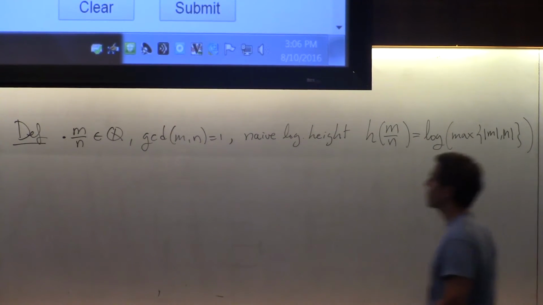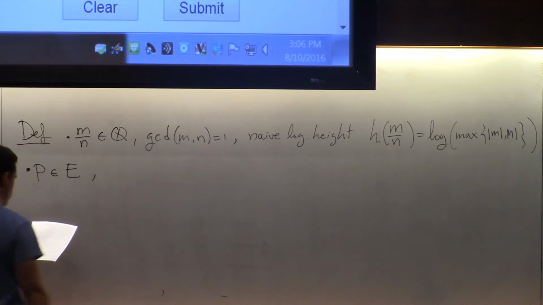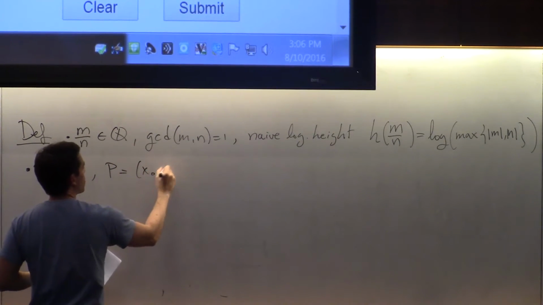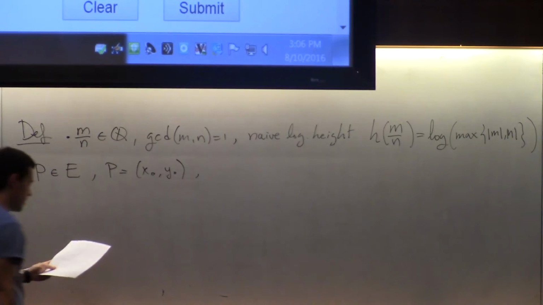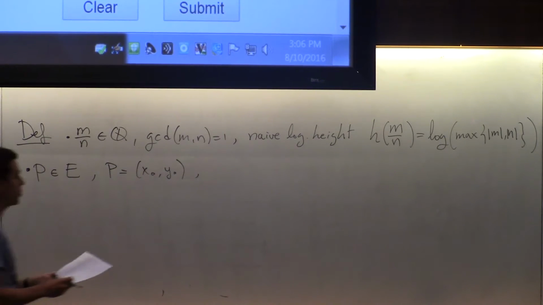And then if I have a point P on an elliptic curve, with coordinates x, y, or x naught, y naught, then my naive logarithmic height is going to be that applied to the x coordinate of my point.